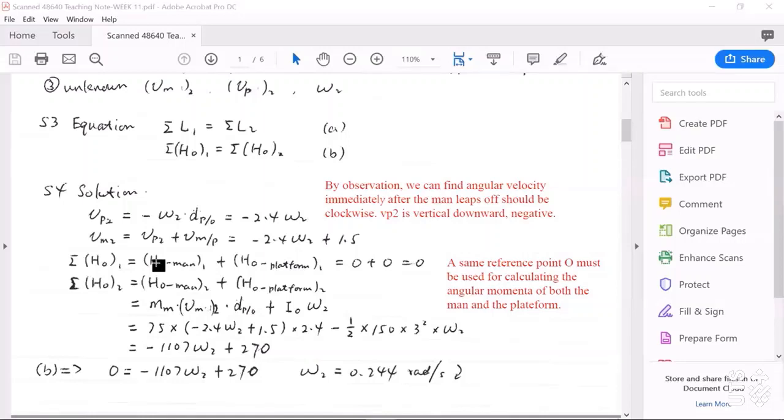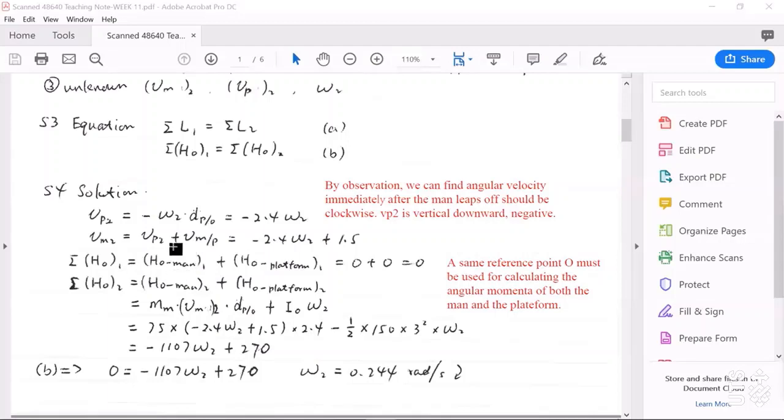Because here it's a system, there are two rigid bodies. For this calculation, the same reference point must be used for calculating the angular momentum of both the man and the platform. And we select the circle center point O for this calculation.